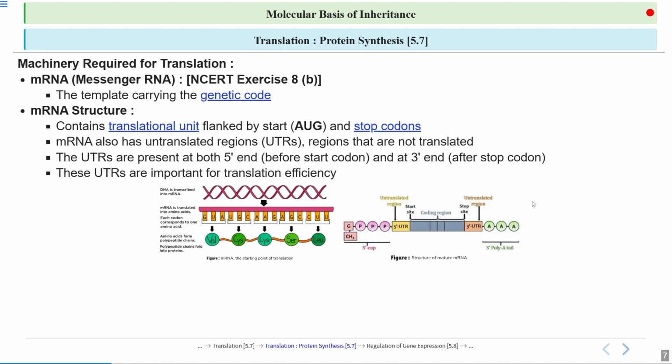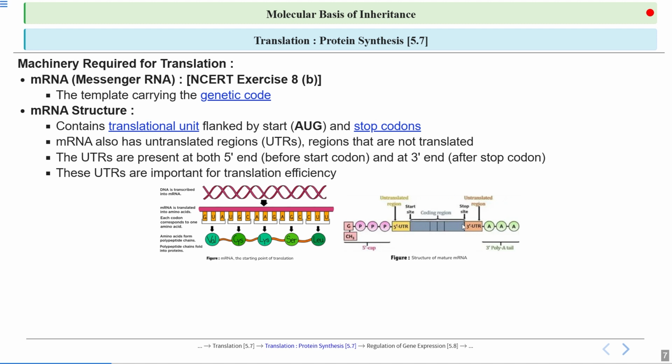Okay, now if we talk about the structure of mature mRNA, what was the structure of mature mRNA? As we have studied in transcription, the 5' end has methyl guanine triphosphate. The 3' end of this mRNA has a polyadenylated tail. Now, what parts does this mRNA have? We know it has the start codon and the stop codon.